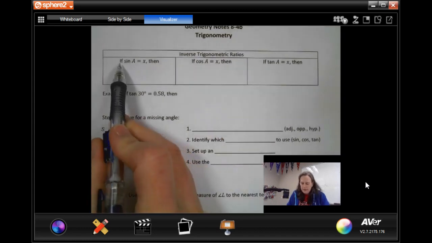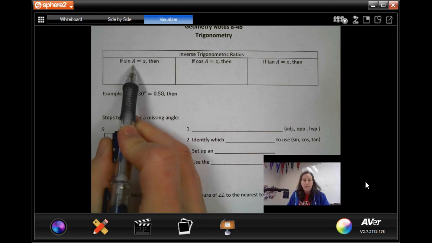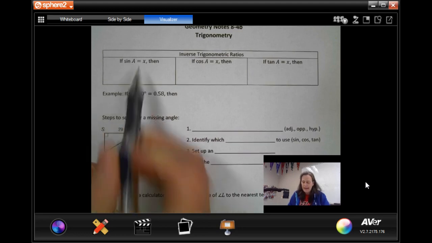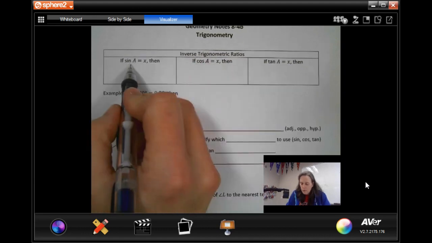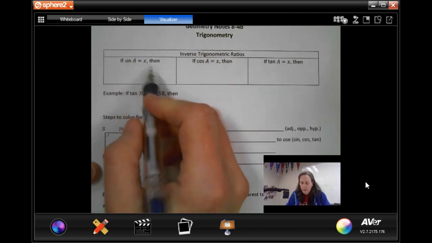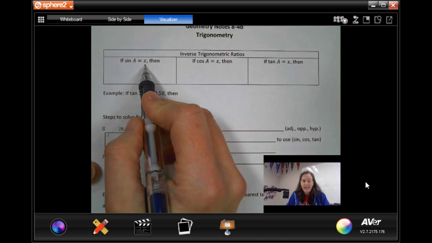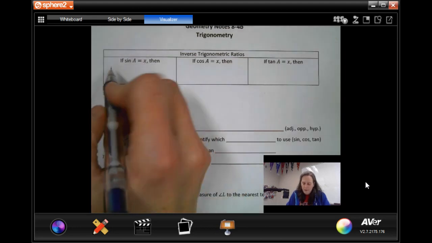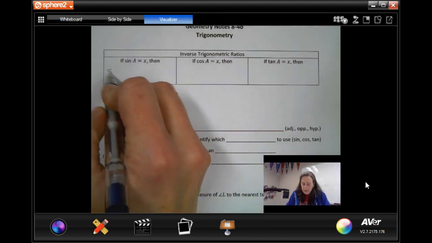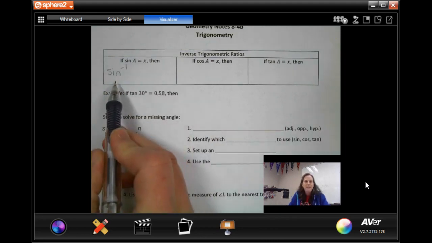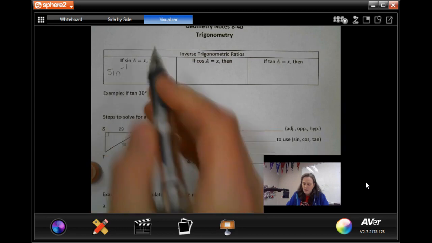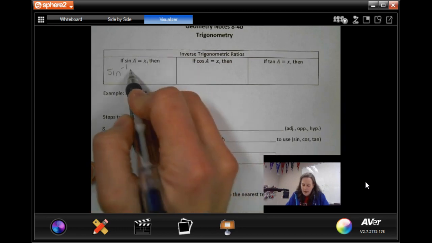So what happens is if the sine of some angle A equals x, then we don't know this measure, but we do know what it's equal to. So we have an actual value in that spot. Then we can say, we'll take the inverse sine, which looks like sine to the -1 of x.